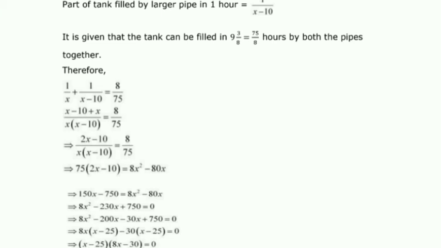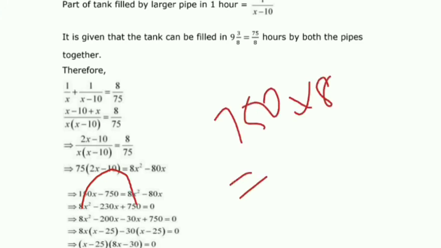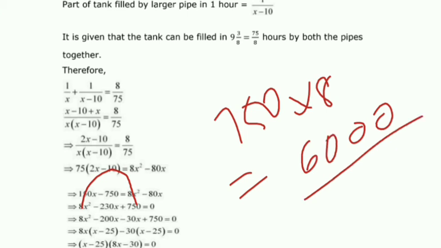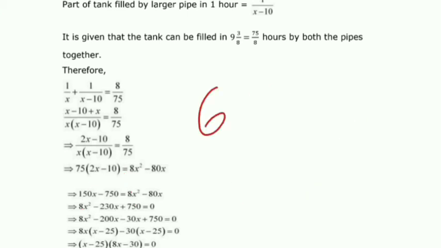Now we will multiply the first and last term, it means 75 into 8. 75 into 8 is 6,000. Now 6,000 will separate into two parts.